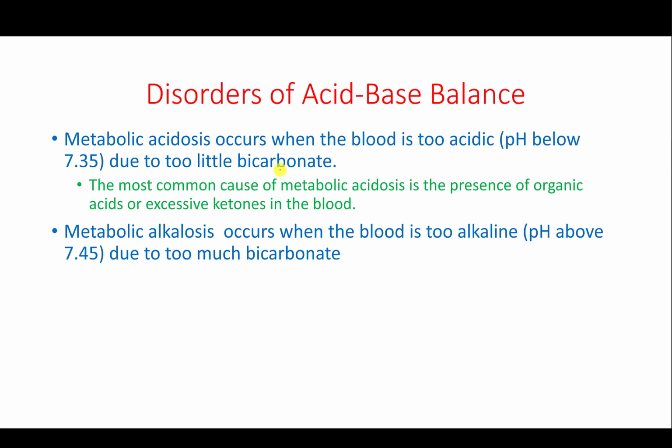Metabolic acidosis and alkalosis, we said, are usually related to other problems in the body, whether digestive or urinary, and those need to be corrected as well to be able to correct the metabolic acidosis and alkalosis. Now, the issue with either metabolic or respiratory acidosis and alkalosis is that it's not easy to fix. So patients will sometimes spend several days in the ICU in order to get their pH corrected.